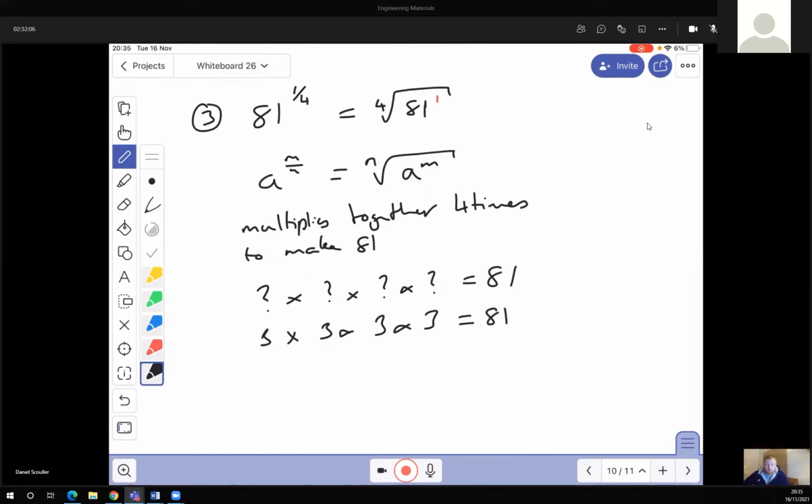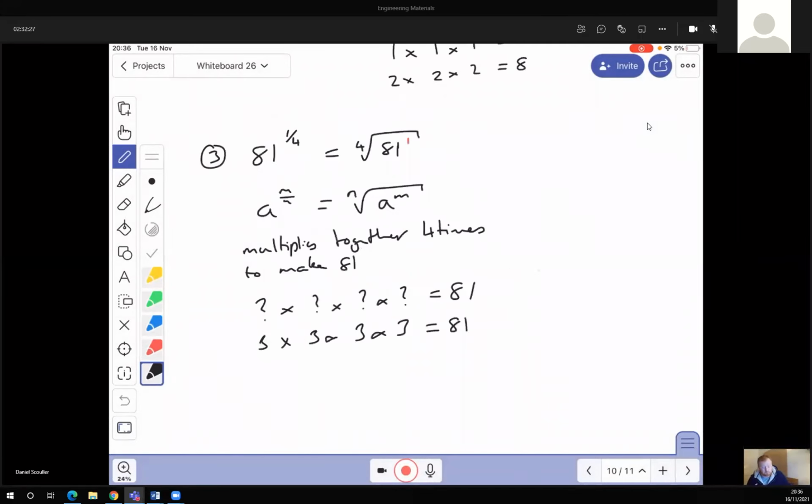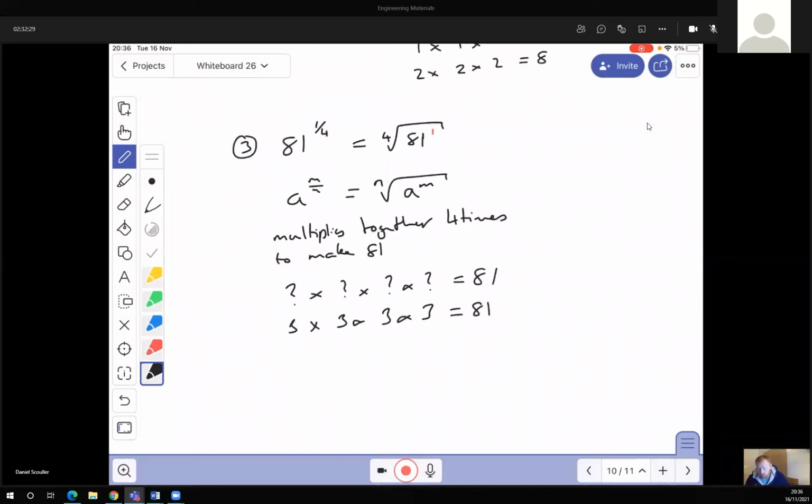So don't be thrown by that, just work through it. Even if you know you need to multiply something together 4 times, just write it out: 1 times 1 times 1, 2 times 2 times 2. It doesn't take that long. So 3 times 3 is 9, 9 times 3 is 27, 27 times 3 is 81.